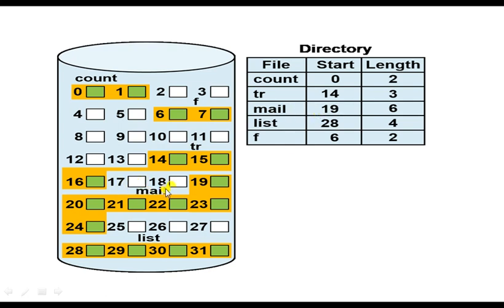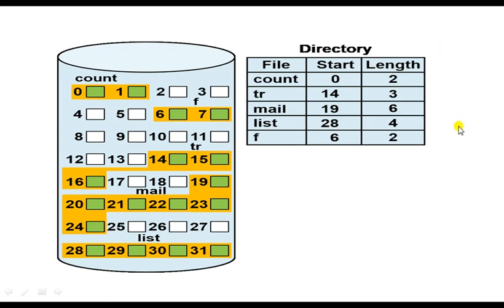It occupies 6 blocks from 19 to 24. All this content is related to the mail file. Like that, you can store the file name in the directory, write the starting block, and mention the length.